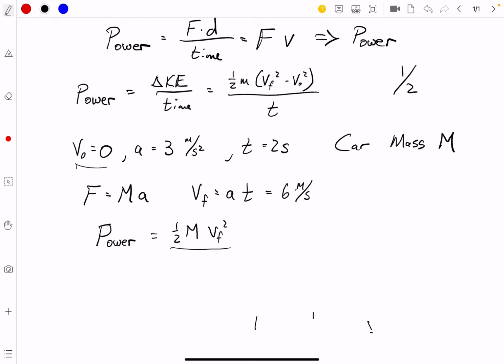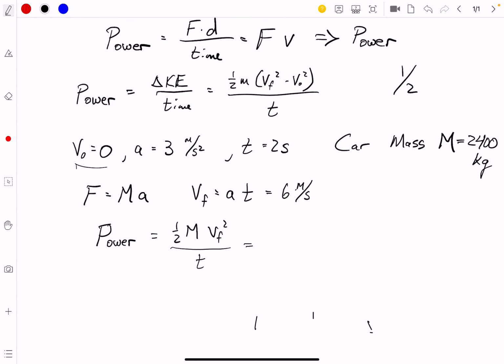And we're going to divide by T, which is 2 seconds. And all in all, that's our power. Why didn't I give you a mass for the car? Let's say that the mass is 2,400 kilograms. Ooh, maybe it's more like a truck.